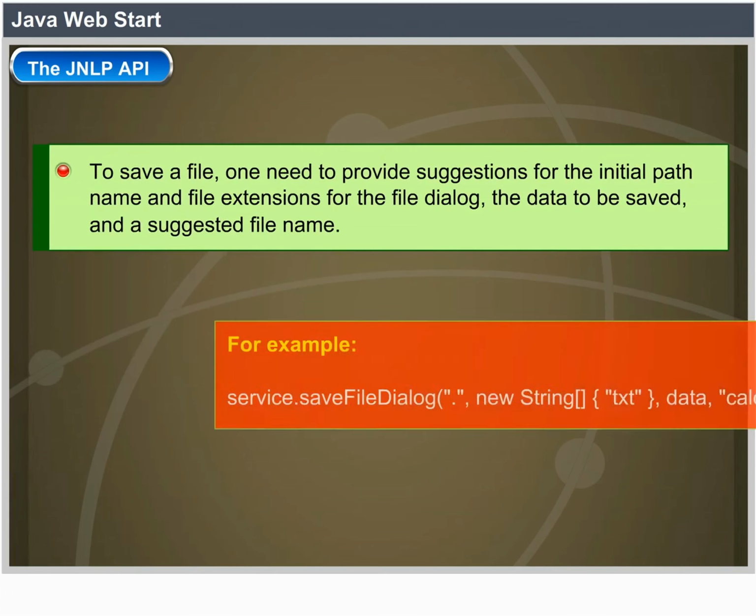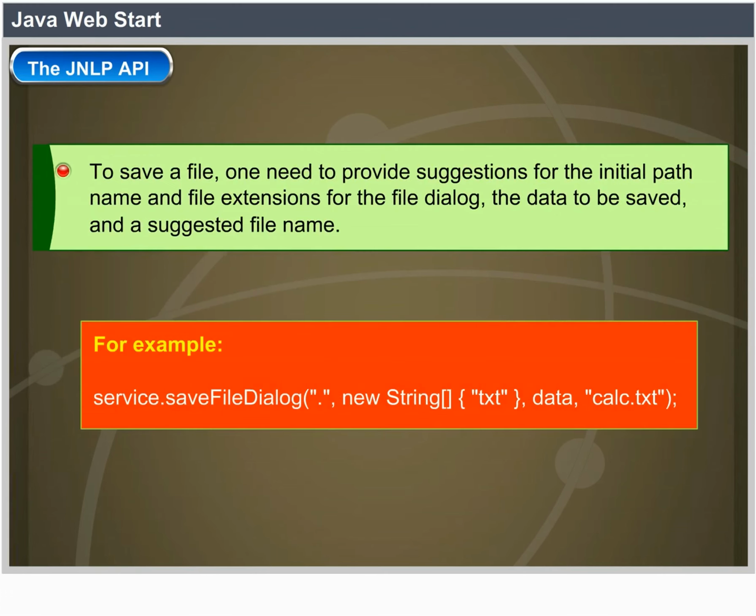To save a file, one needs to provide a suggestion for the initial path name and file extension for the file dialog, the data to be saved, and a suggested file name. For example, service.saveFileDialog(".", new String[] { "txt" }, data, "calc.txt").